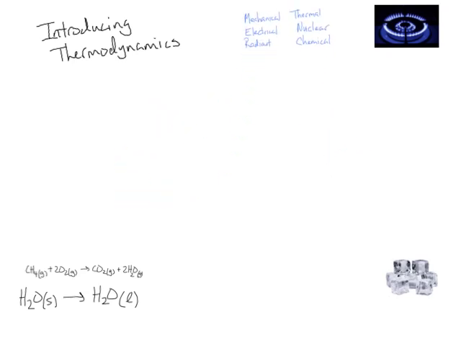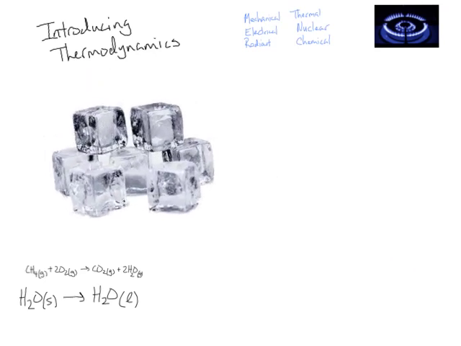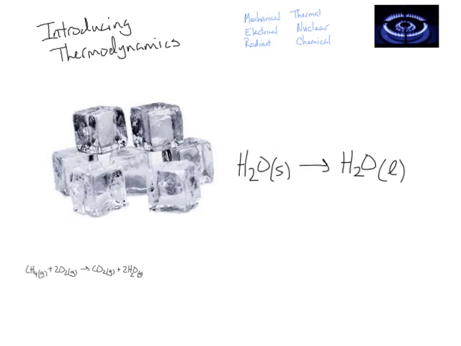Let's take, for example, these ice cubes here. We know that there's an energy transformation when we go from solid ice to liquid water, in the way I've written this equation. That transformation involved energy. Now, in sophomore chemistry, you learned a little bit about energy transformation when it comes to the thermal aspect of chemical transformations.